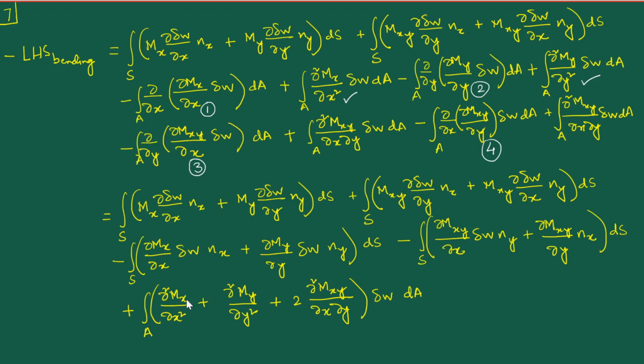And you see embedded within this mx, my and mxy, which have been defined using the sigma xx, sigma yy and sigma xy, we do have the presence of the strains through the stress strain relations, and further those strain expressions can be written in terms of the displacement variable. So there is some hope that these terms here can be converted somehow in terms of the displacement variables.